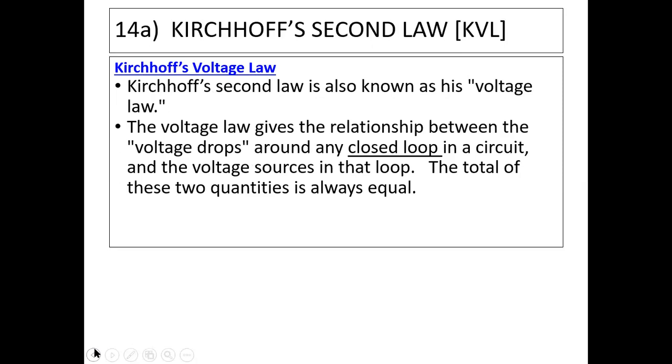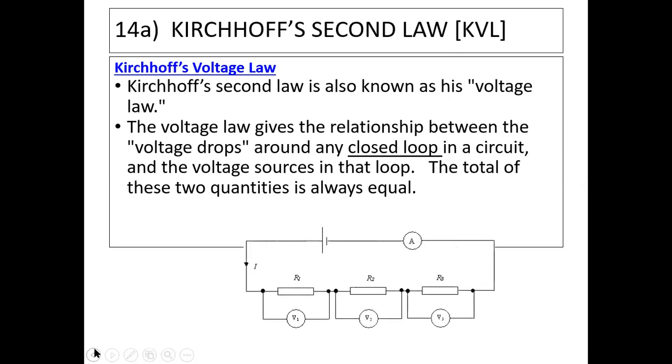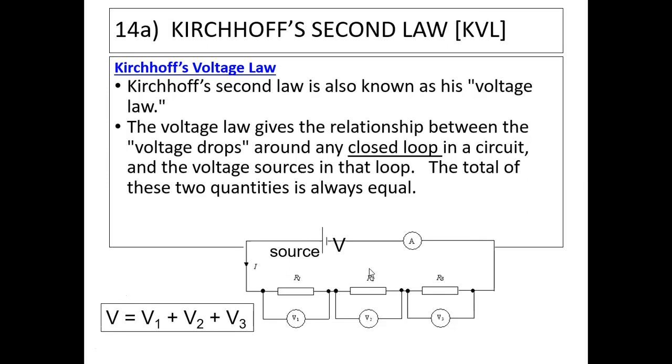The total of these two quantities are always equal. Like here, that is the source, this is the voltage drop. So we'll be using this formula. That's your source, V. Then we just add V1, V2 plus V3. That's for your series formula we'll be using later on.